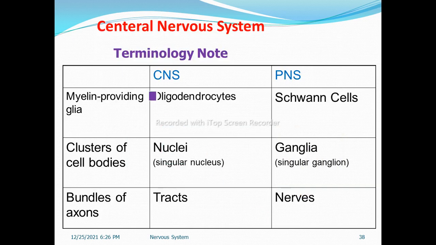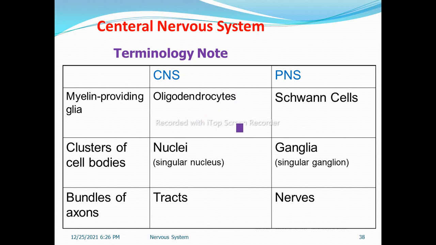Next is terminology. Let me give you some terminologies. As I told you before, we have 6 types of neuroglial cells: astrocytes, ependymal cells, microglial cells, oligodendrocytes, Schwann cells, and satellite cells.